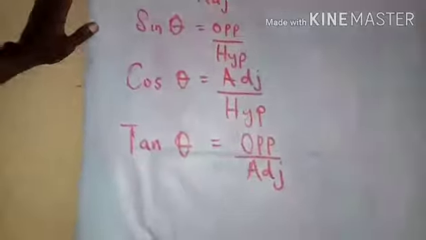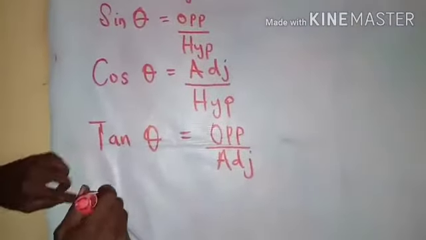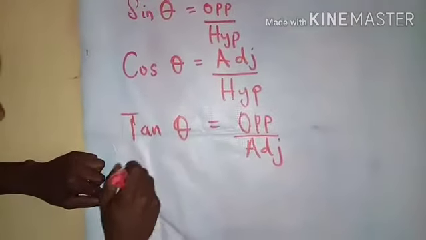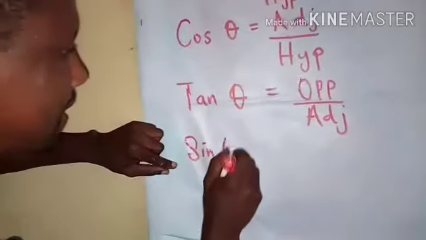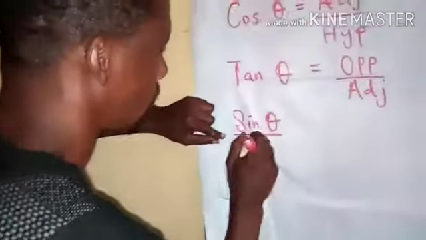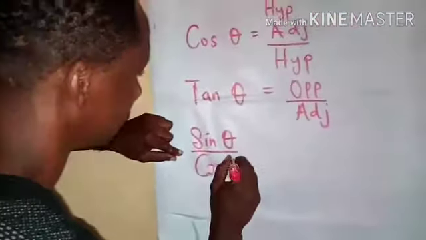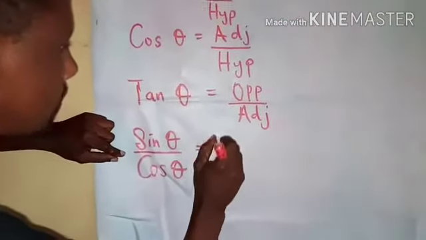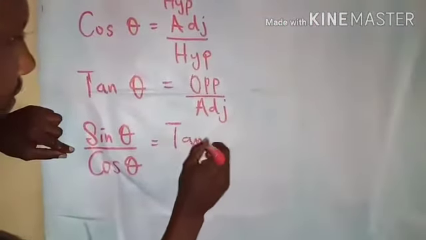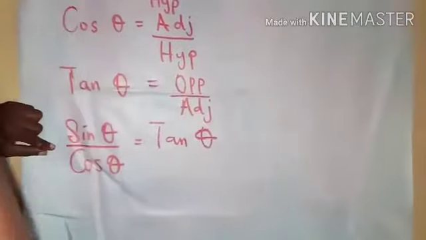Then to prove that sin theta over cos theta equals tan theta.